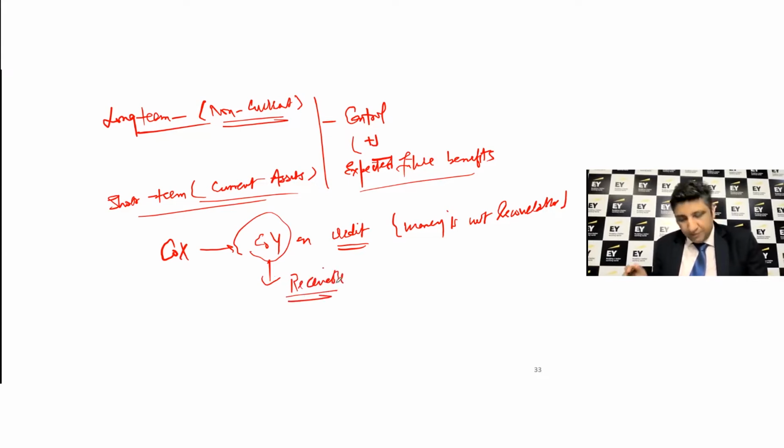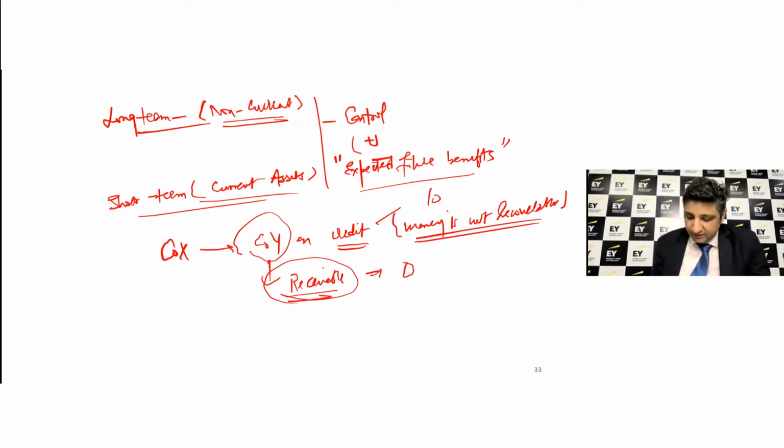On paper, the invoicing is done and there's a receivable, but collectability is the question, because company Y is as good as a bad debt. So you cannot call it a receivable because those benefits are not available, and the value of the receivable has to be nil, no matter whether you're selling it for 10 crore rupees, for example.